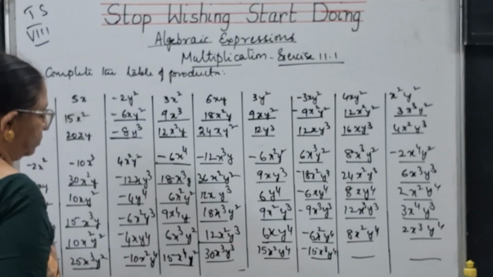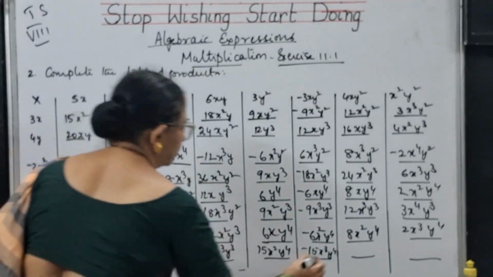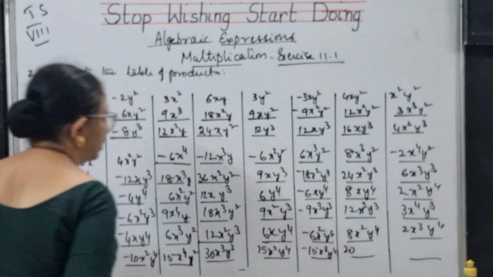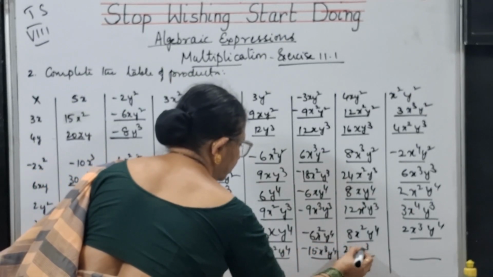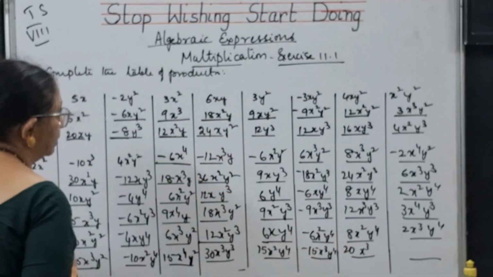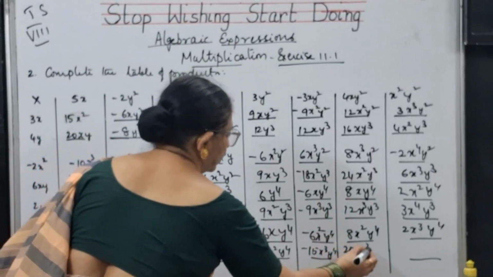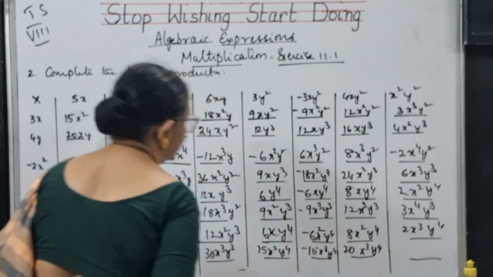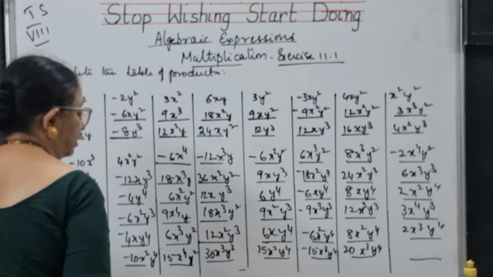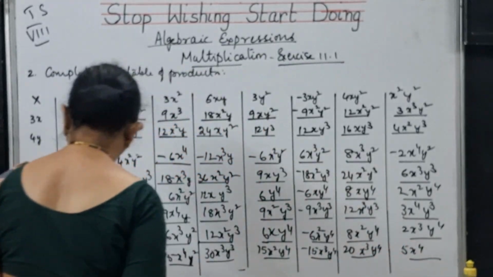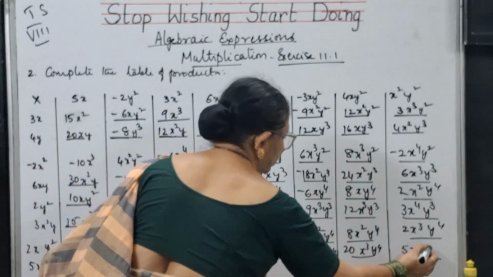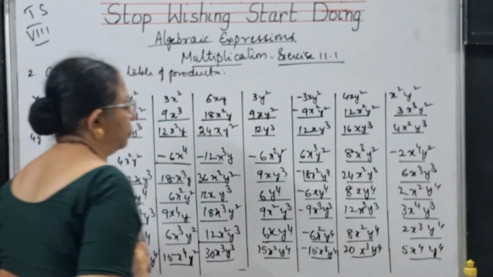Next, plus 5 4s are 20 x into x square, x cube, y square into y square, y to the power of 4. Next, 5 x square into x square, x to the power of 4, y square into y square, y to the power of 4.